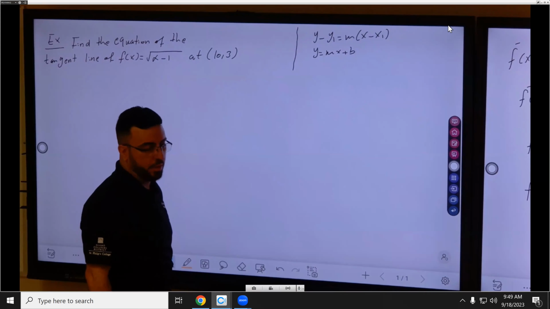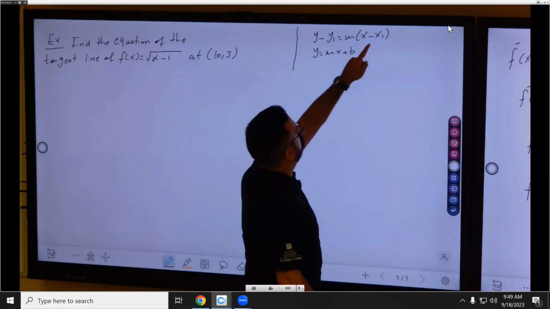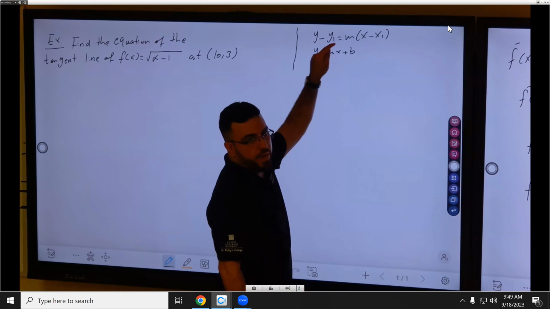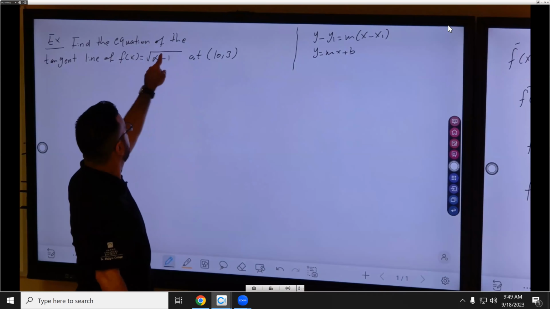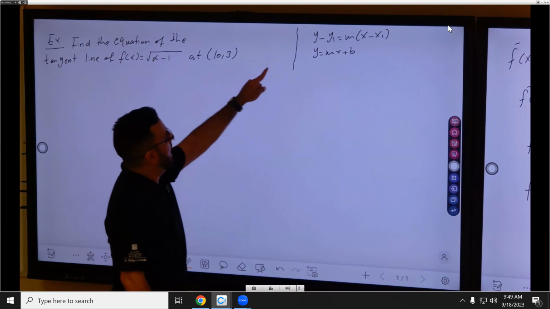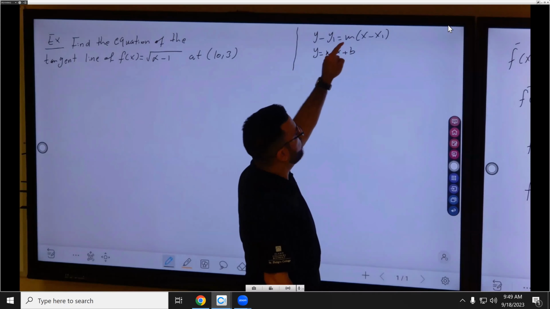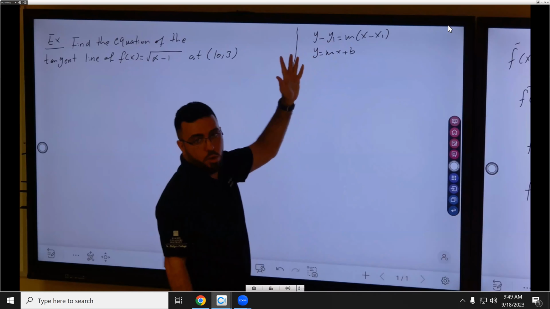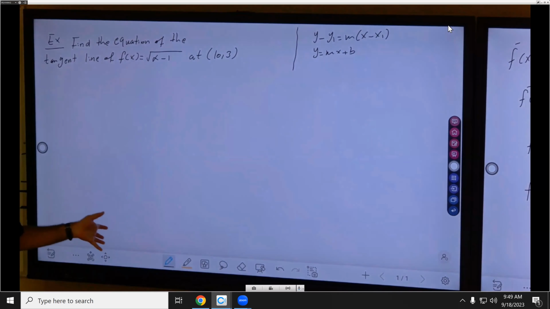What we need to find the equation is a point, so we have y1 and x1. We need to find the slope.